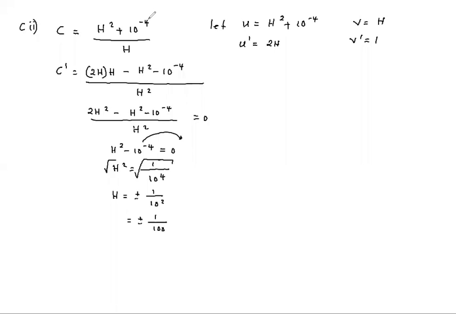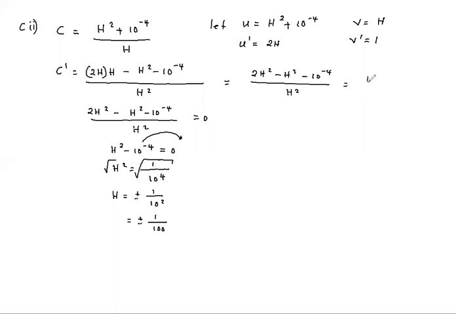Since we have gotten H squared, when we multiply, it was giving us 2H squared minus H squared minus 10 to the power negative 4 over H squared.